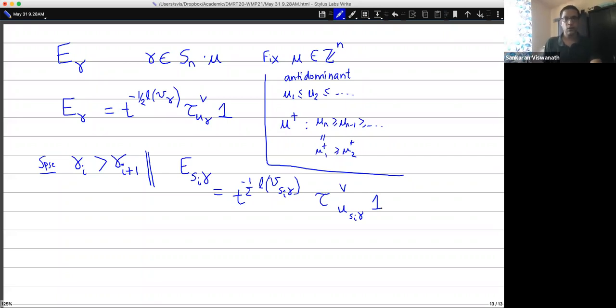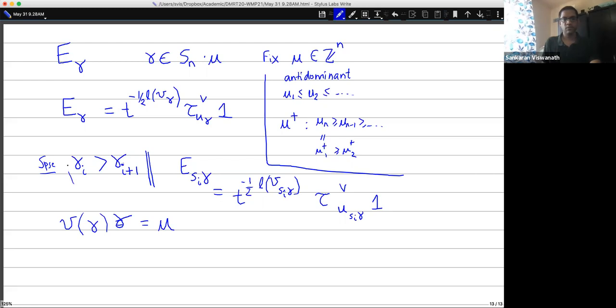So how does V change? What was V? If you recall, V was the shortest element which sorts gamma in ascending order. So V gamma, when it acts on gamma, should give me my sorted thing, which is mu. Same thing for s_i gamma. So how do I sort?